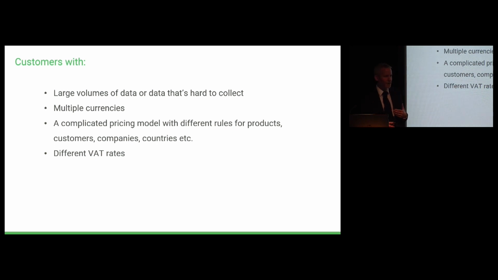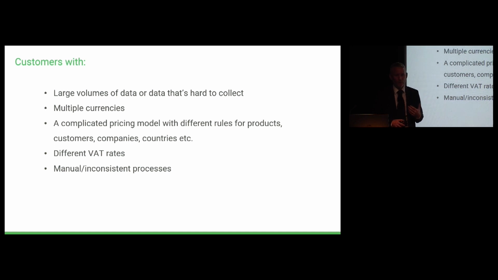Topically, customers who are dealing with multiple VAT rates, and this is a really important one because there are so many customers who deal with manual processes or whose processes are inconsistent due to the nature of their business, because of the people they work with, third parties. It's not necessarily in your sphere of influence to control where your data is coming from and the manner in which you receive it.